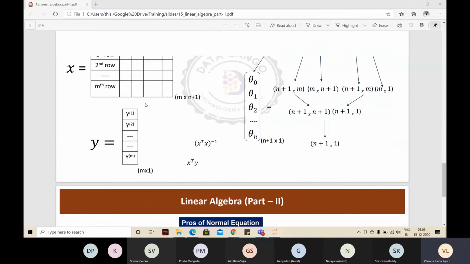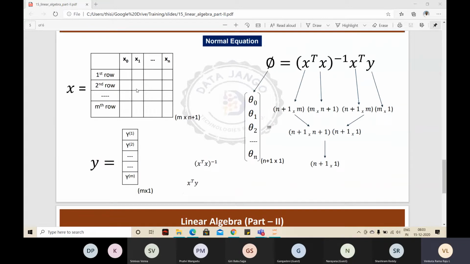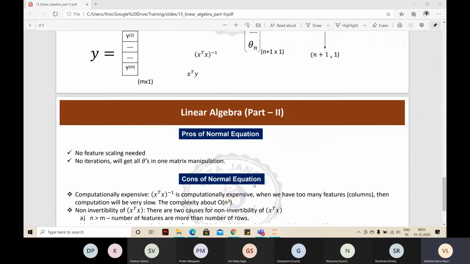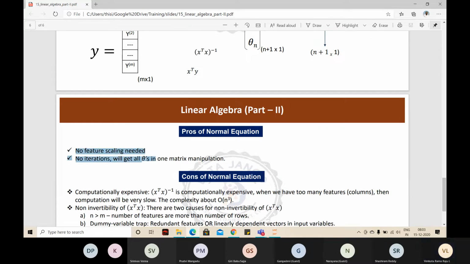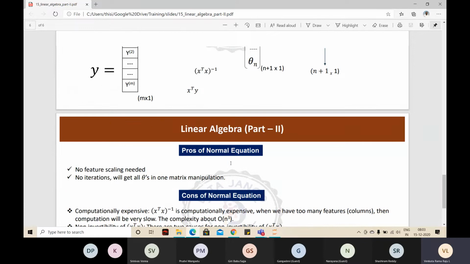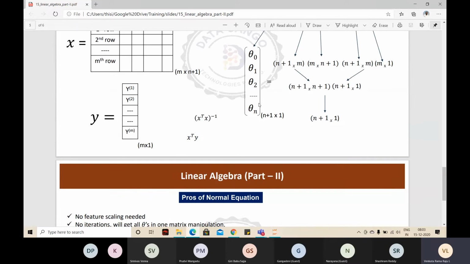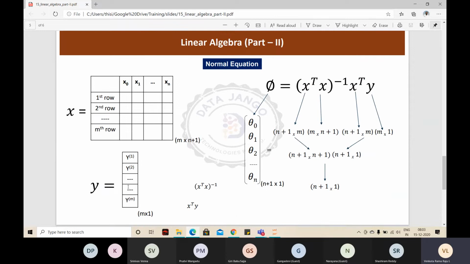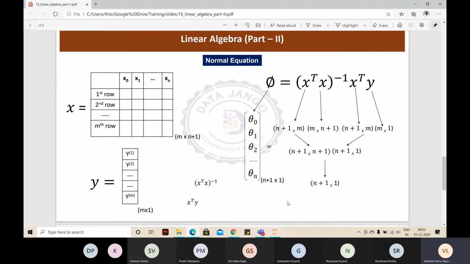You take the data, you substitute into the equation, no pre-processing is done. The feature scaling and iterations we see in gradient descent, I'll explain that. In those algorithms we need to do these explicitly, otherwise the algorithm will not work perfectly. But in the normal equation it is not needed. You take the data, you take y, you substitute into it, you get the thetas.